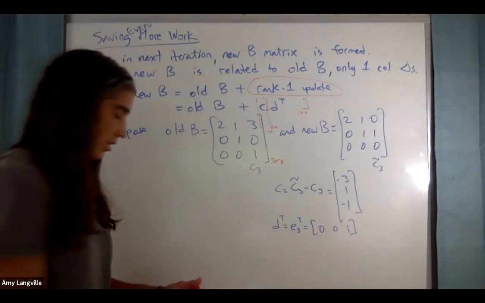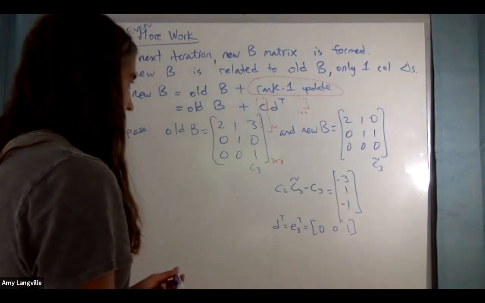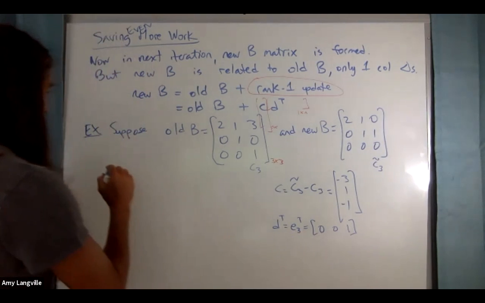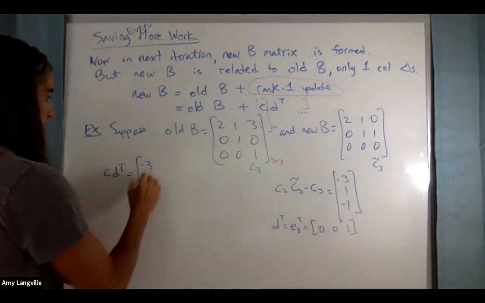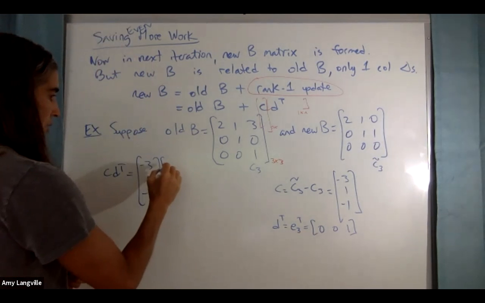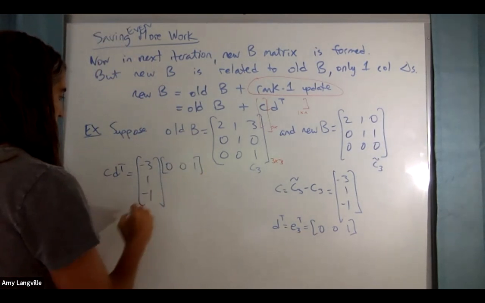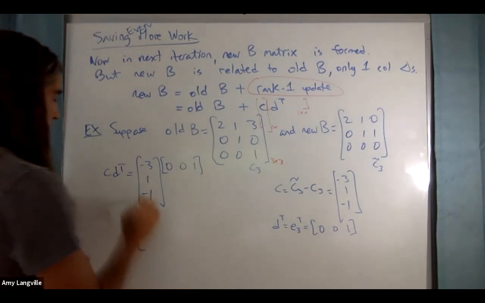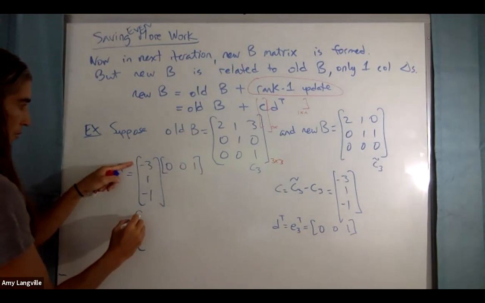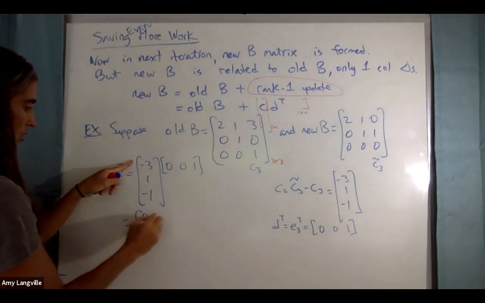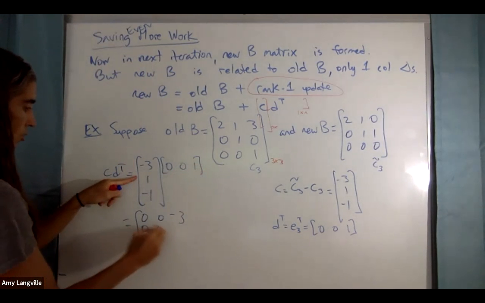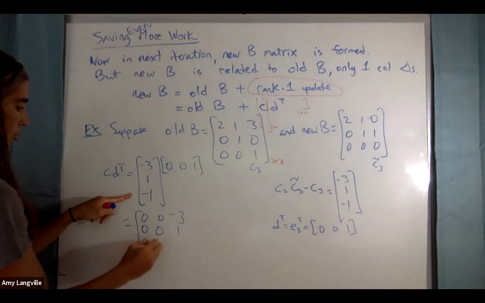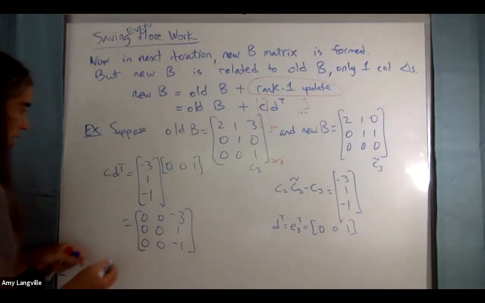When I do that, just to practice, our multiplication with the outer product C D transpose is this vector minus 3, 1, minus 1 times this vector 0, 0, 1. It results in this matrix. Minus 3 times this row will be 0, 0, minus 3. 1 times this row will be 0, 0, 1, and 0, 0, minus 1.